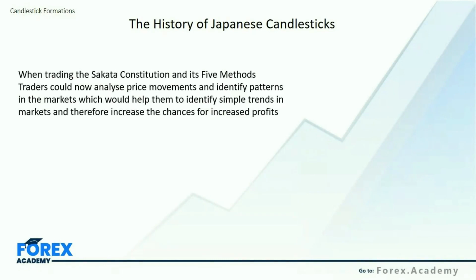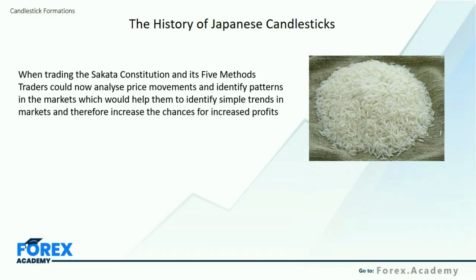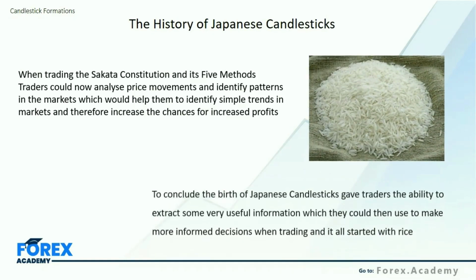This would then help them to identify very simple trends in the market, and therefore increase the chances for increased profits. And this is the beauty of technical charting and our understanding of Japanese candlesticks, that is effectively what it allows us to do.